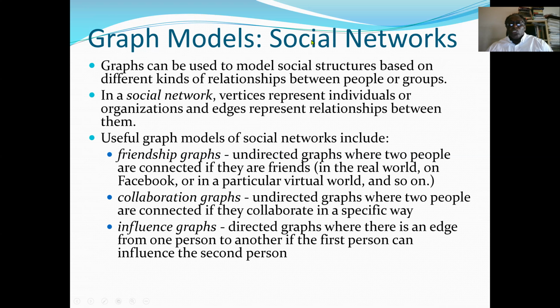So we start with the social network, an example of a graph model. Here we say graphs can be used to model social structures based on different kinds of relationships between people or groups. So in a social network, the vertices represent individuals or organizations, and the edges represent the relationship between them.